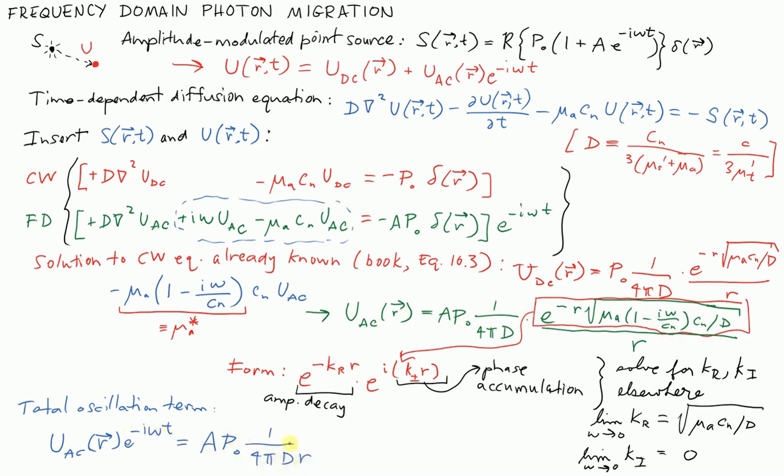I'll stick the R in the denominator down there, and then it's going to have the form of an exponential decay and a time varying phase that also varies with space, just like we're used to with other types of waves we see, where the phase of this field distribution varies as a function of what time it is and also where you are in the medium.